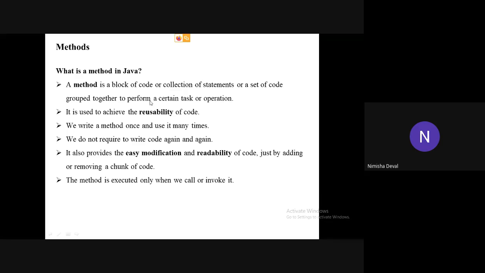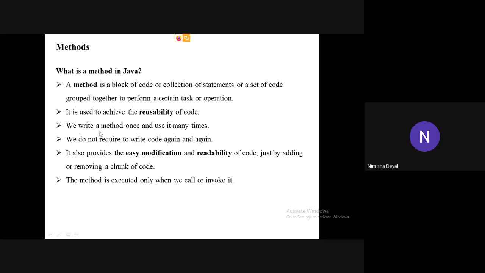By creating an object of that particular class, we access these methods again and again to reuse that functionality. It will reduce the memory allocation again and again. That's why it is called reusability of code.